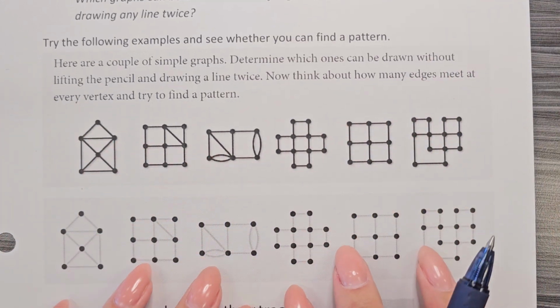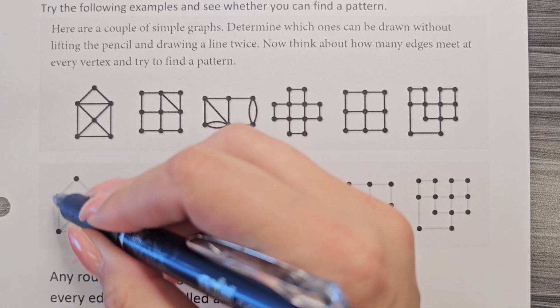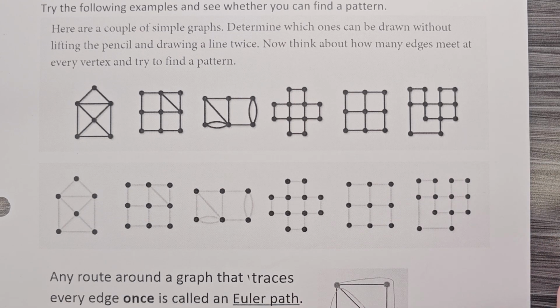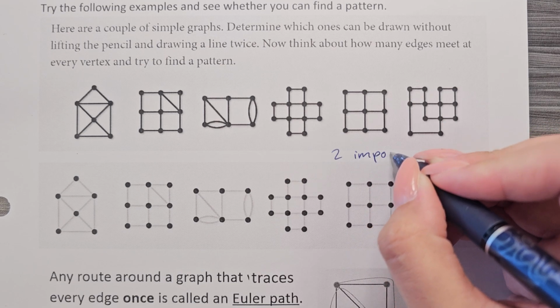These are actually the same as these down here. What I've done is I've just lightened it so it's easier for you to tell which pathways you've taken and started on. So I want you to try these and see which ones you can figure out are possible. I will tell you that 2 of them are impossible out of this list.